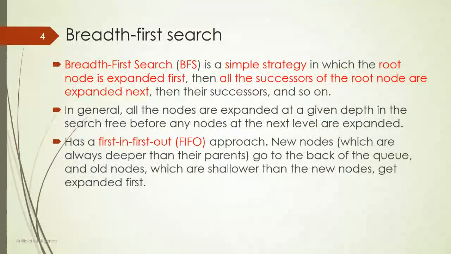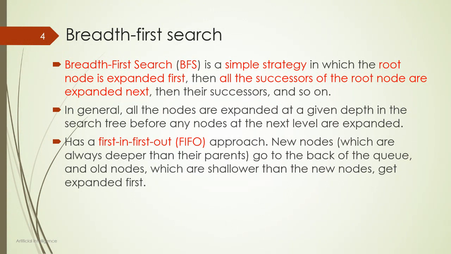Breadth first search, BFS, is the simplest strategy, in which the root node is expanded first, then all the successors of the root node are expanded next, and then their successors, and so on. In general, all the nodes at a given depth in the search tree are expanded before any node at the next level.